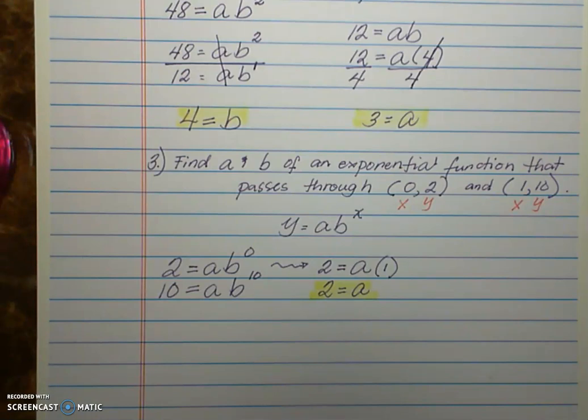Now, I want you to remember this strategy and this process, okay? Whenever you come up with a value for a certain variable from one equation, you cannot substitute it again in that same equation to solve for the other one. So remember that. We got a equals 2 from the first equation.